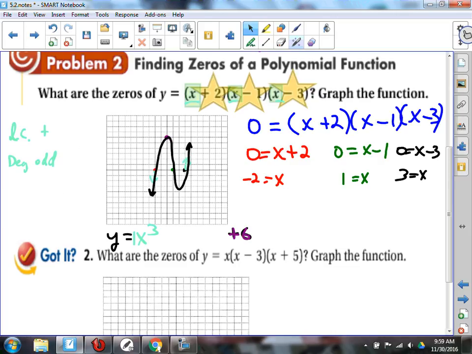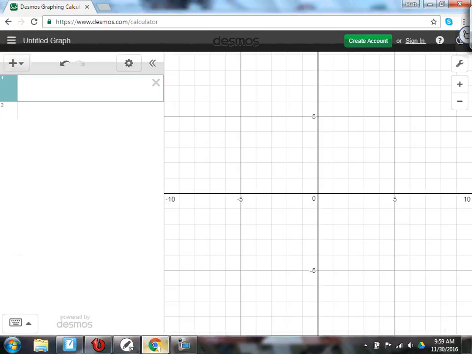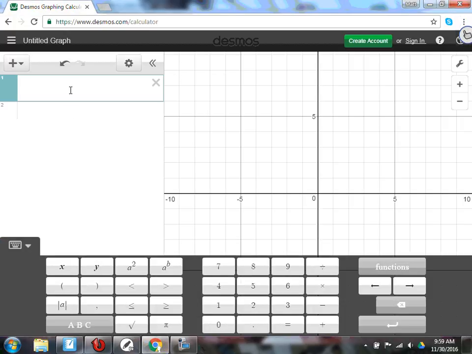Just to confirm what we've seen here, let's go to a graphing utility. I'll use Desmos. Desmos plays a little bit nicer with my smartboard. So we had x plus 2, the quantity, x minus 1 and x minus 3, I believe it was.